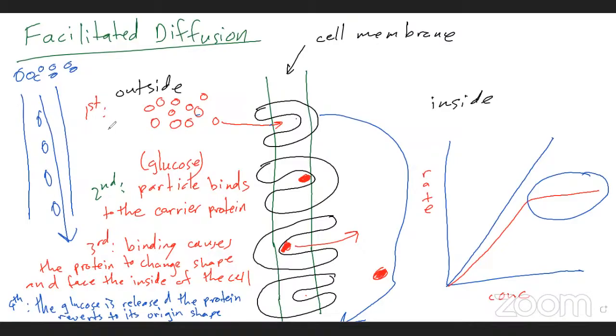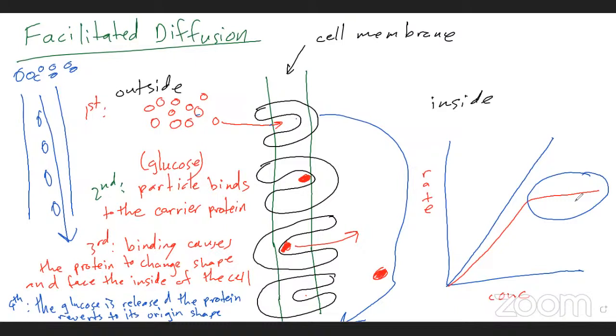And with the channel one, they are literally just passing through. Nothing is carrying them. They are just sliding across the membrane. Their rate can just increase infinitely. But with this one, the protein is slowing the process. That is why the rate gets constant over time, because not all particles can pass through the carrier channel at once.